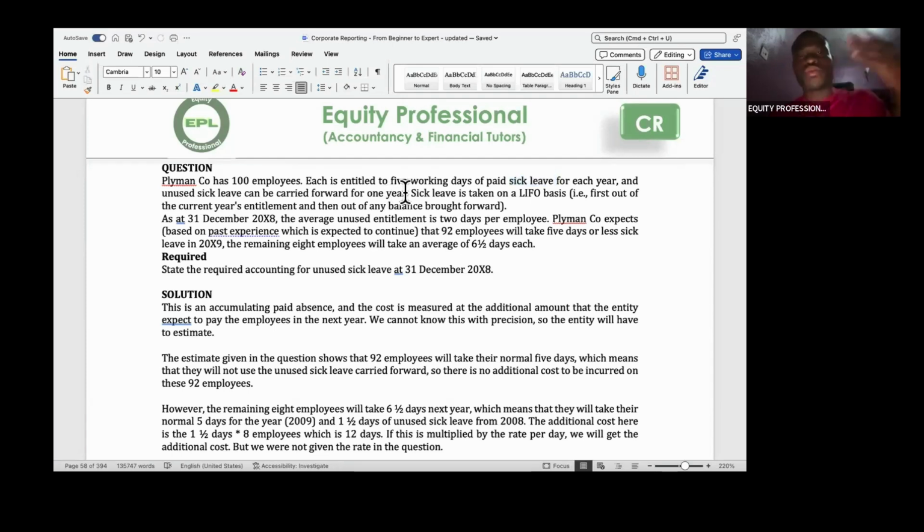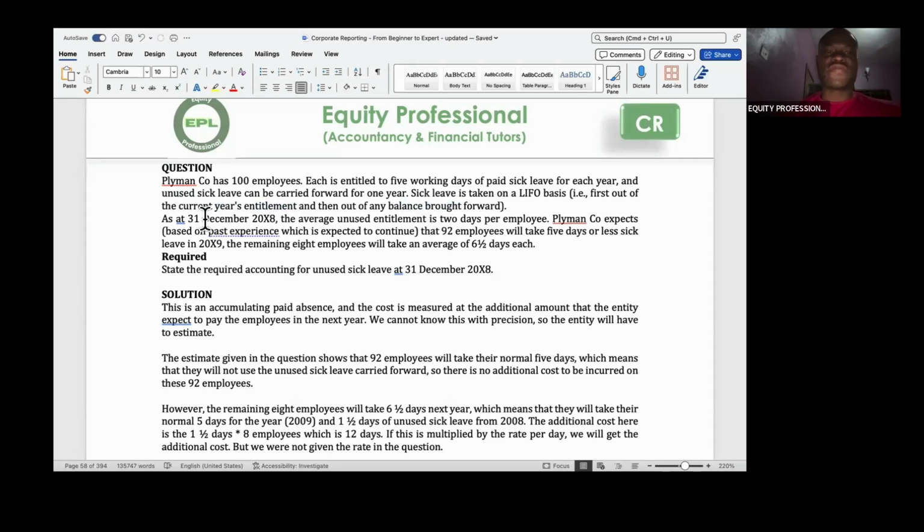That means it is accumulating. We're also told that sick leave is on LIFO basis. That is, when you carry forward leave, you need to take the current year first. You need to take the current year leave first before you can take the one you are bringing forward from last year. So that is LIFO, last in, first out. So first out of the current year's entitlement and then out of the balance brought forward.